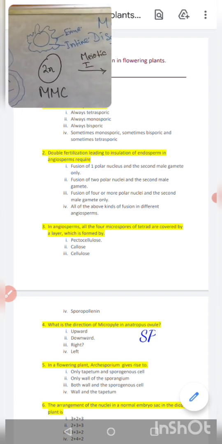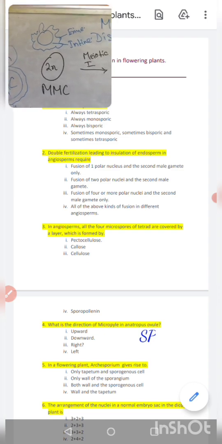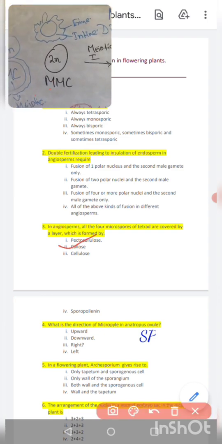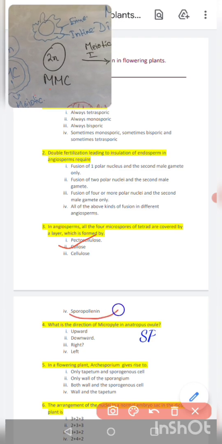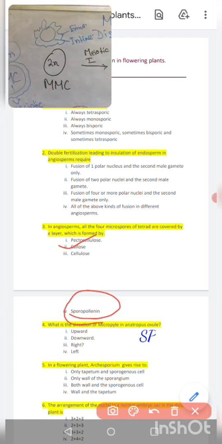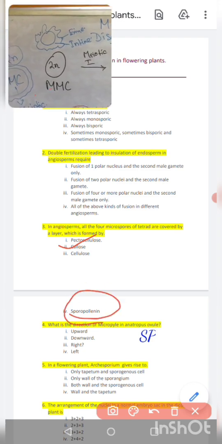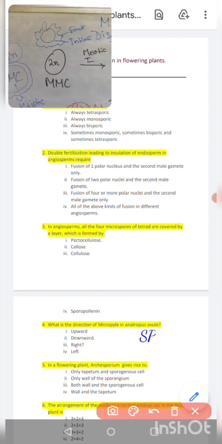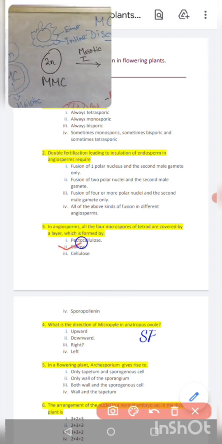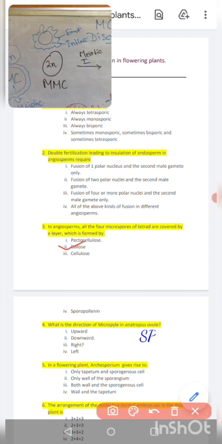This exine consists of the chemical sporopollenin. So you can find sporopollenin on the exine surface of the pollen grain. It is not present in the microspore. So the answer of number 3 is, student, number 2, that is callose.